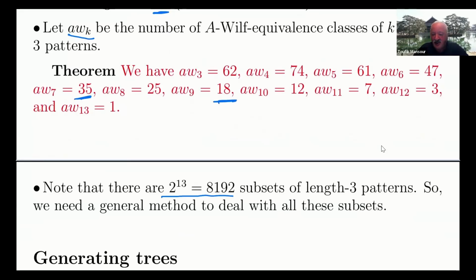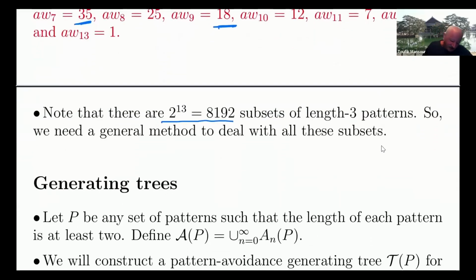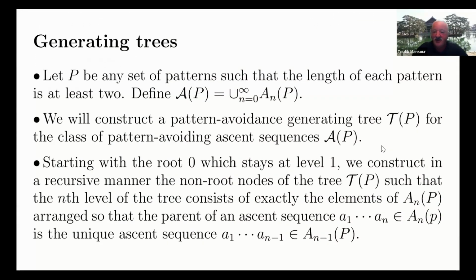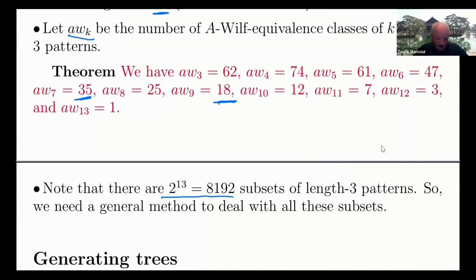So usually we need a computer, not a human, to do that, unless he will work on that many years. So the trick is generating trees. I will define generating trees, then I will describe the main procedure that I will use to achieve such a theory.